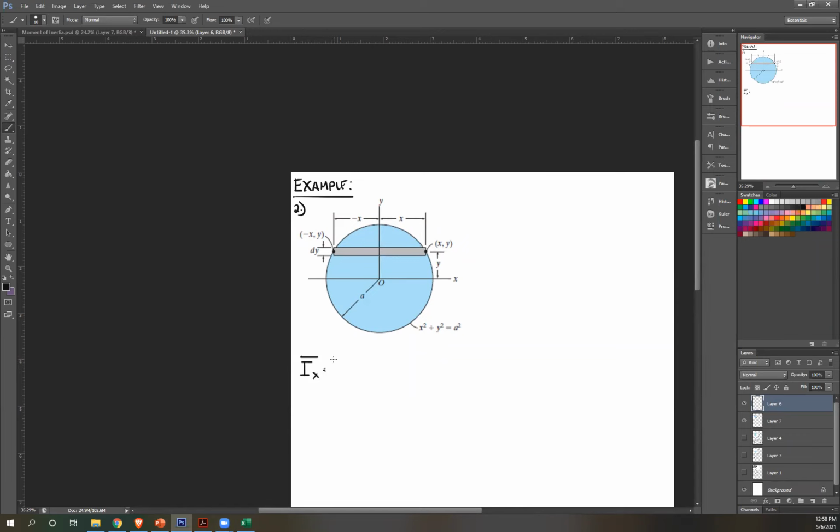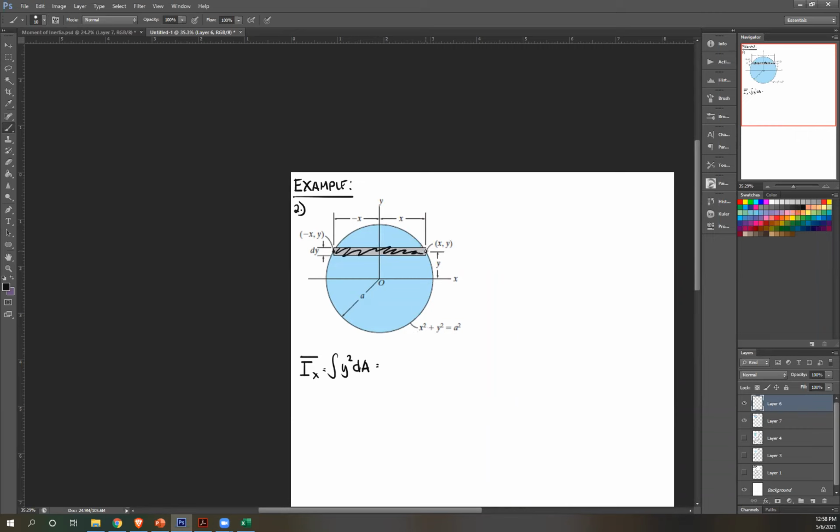So Ix, and then our equation is the integral of y squared dA. Okay? And then our axis in question is x. So the next step is to take an element parallel to your axis. So it's this.